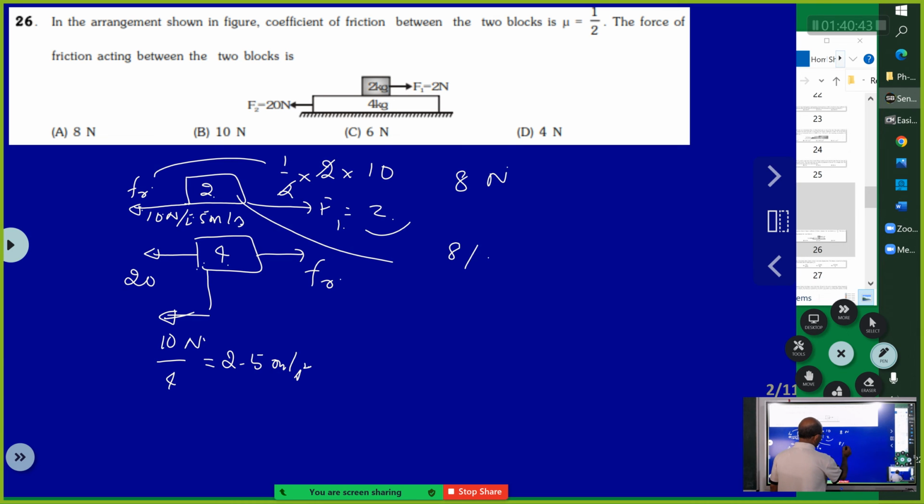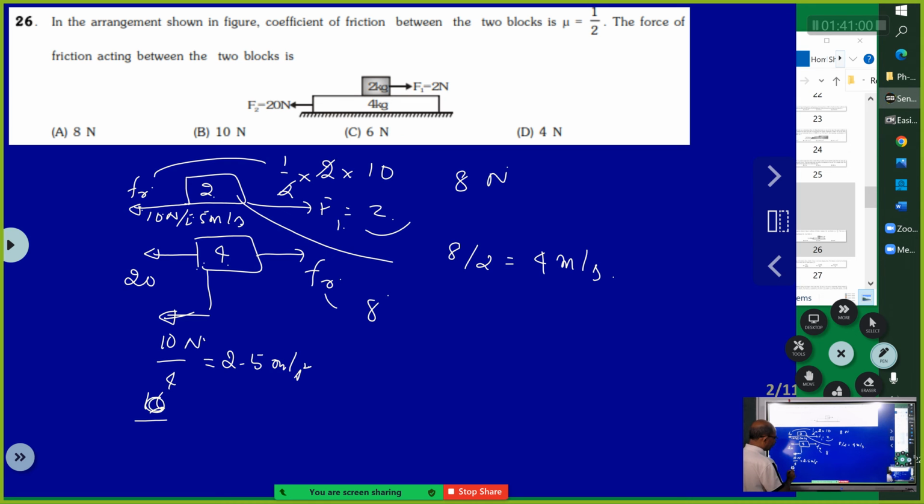Then 8 divided by 2 gives you 4 meters per second square.